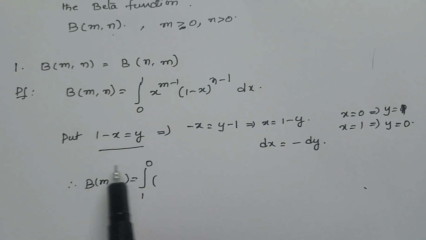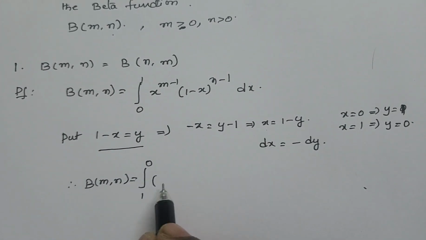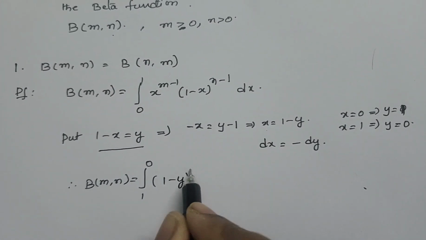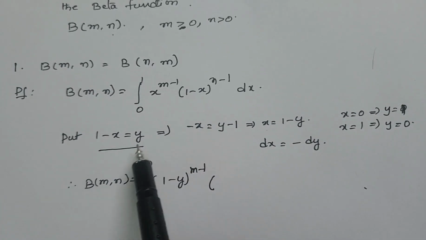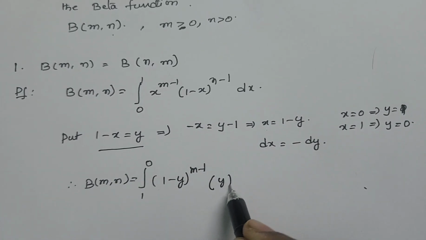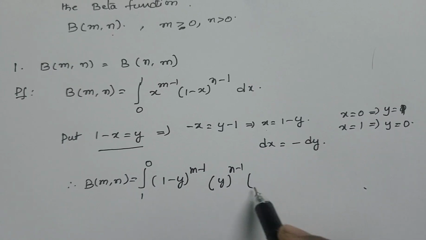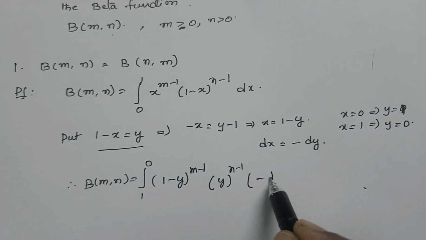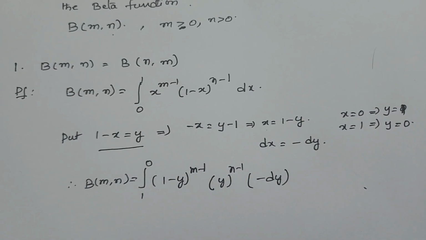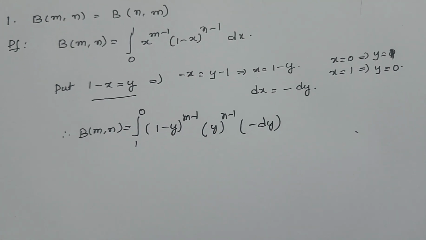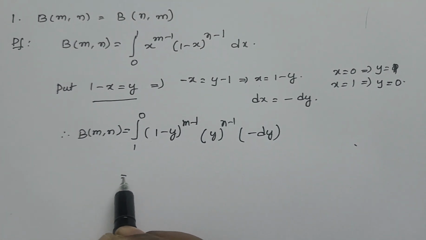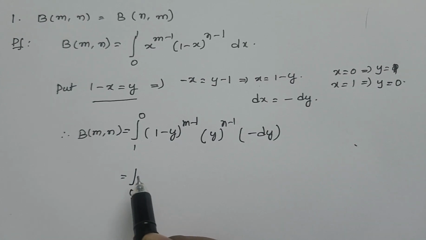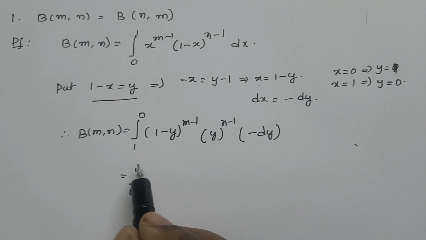What is x? 1 minus y. So 1 minus y to the power of m minus 1, and 1 minus x is y, so y to the power of n minus 1, and dx is minus dy. Okay, now this is equal to the integral from 0 to 1.